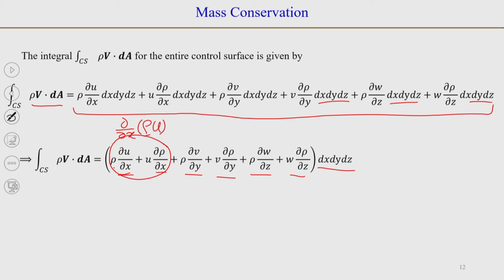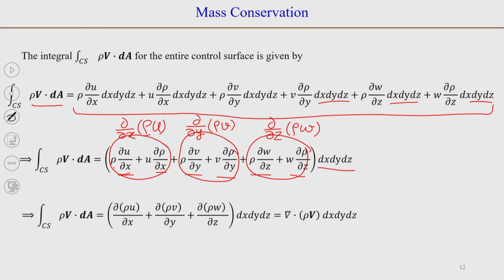The same thing you can see, the next 2 terms will be ∂/∂y of ρv, and the last 2 terms will be ∂/∂z of ρw. Okay. So, we can write this as ∂/∂x of ρu plus ∂/∂y of ρv plus ∂/∂z of ρw multiplied by dx dy dz.